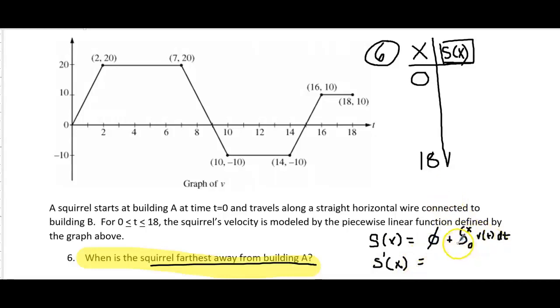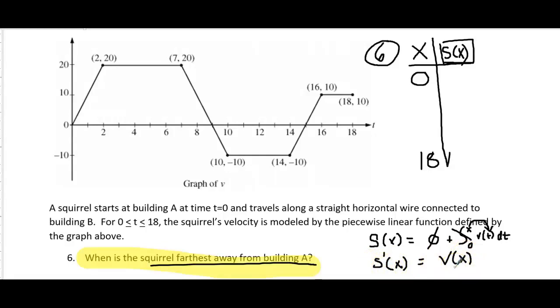And when you take the derivative of an integral function, and that integral function just has a number down here and a variable up here, the integral goes away, and the variable drops inside, and all you're left with is that function now with that variable inside. So my derivative of the position of the squirrel is just velocity, but we kind of already knew that anyway, didn't we?